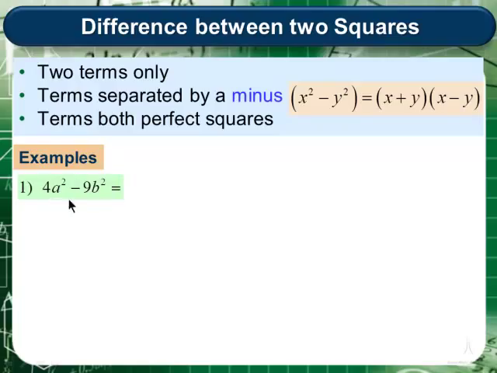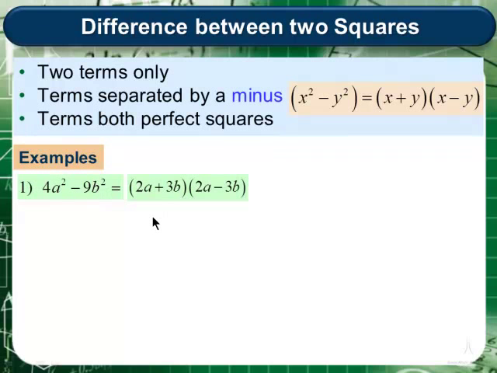First of all, this expression consisting of 2 terms with a negative in between, and both these terms, the first one as well as, apart from the negative, the second term, can be viewed as perfect squares. Notice that 4a squared is just 2a all squared, a perfect square, and 9b squared can be viewed as 3b in brackets all squared. So it's in fact the difference between 2 squares.